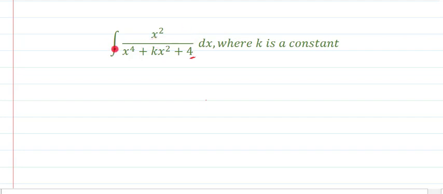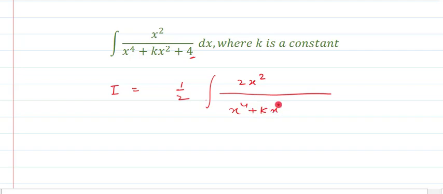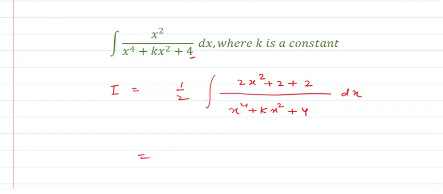Let me explain. So first of all, we need to divide and multiply by 2. So 1 upon 2, it is 2x square in the numerator, and in the denominator there is no change, x power 4 plus kx square plus 4 dx. Now as I explained you, adding 2 and subtracting 2. Now let us segregate these two.